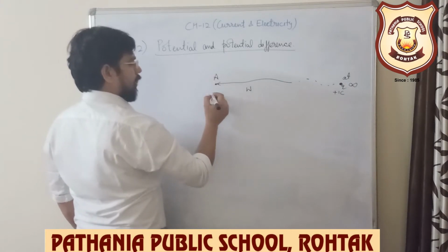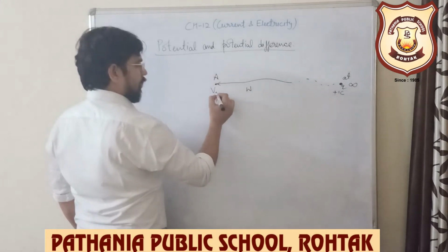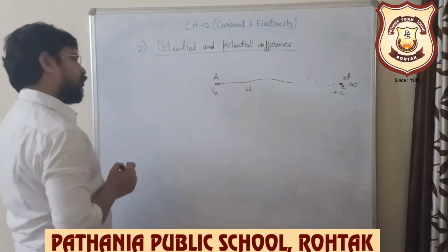This point A has a potential VA, then how do we define this potential?